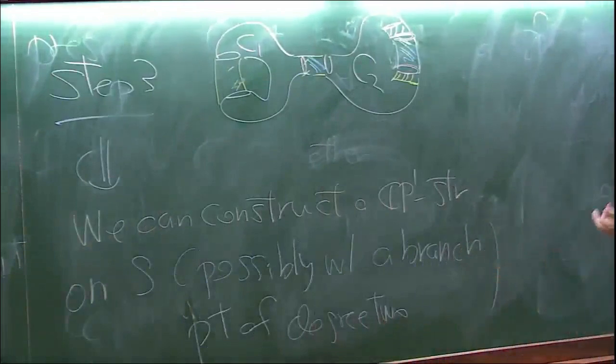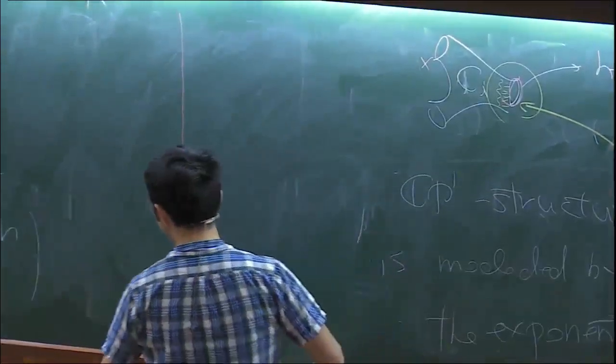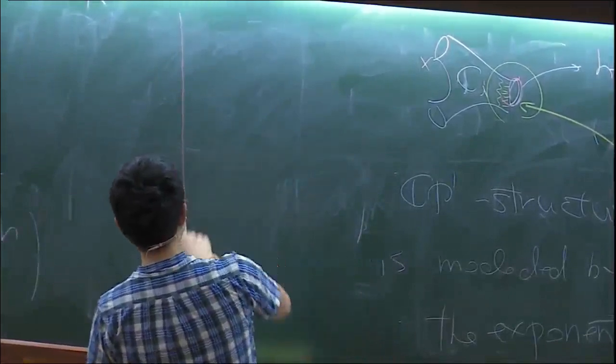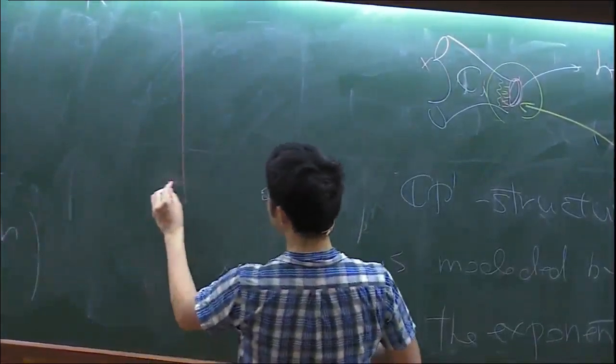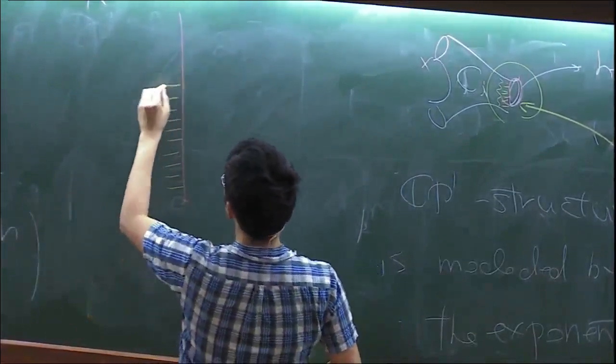Because by adding one single branch point, you can adjust the rotation number of this developing image. Okay, so you have this developing image, and then can I draw this?